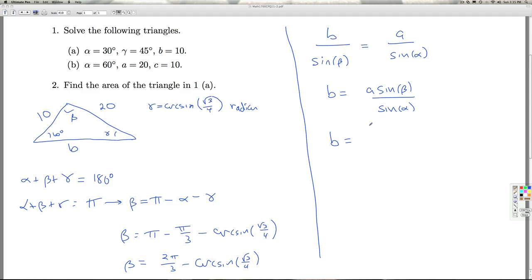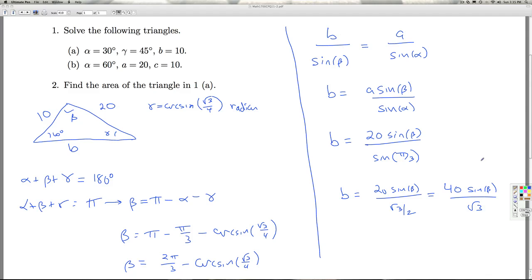A is 20. Sine of beta, which we'll come back to in a minute, over sine of alpha. And what's alpha? 60 degrees, pi over 3. And so b is 20 sine beta divided by radical 3 over 2, which would be 40 sine beta over radical 3. Okay, now what is the sine of beta?